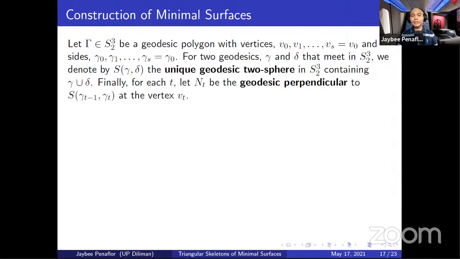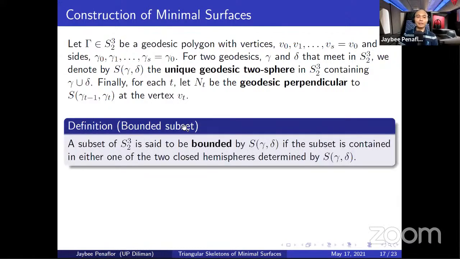For any two geodesics that meet in S^3/2, say gamma and small delta, we denote by S of gamma and delta the unique geodesic two-sphere in S^3/2 which contains both gamma and delta. And finally, we let N sub T be the geodesic perpendicular containing any two consecutive sides at their common vertex.